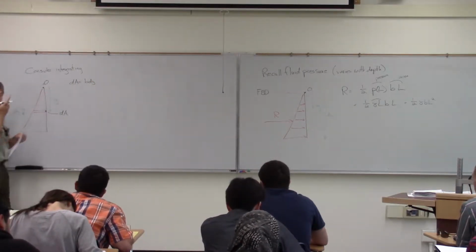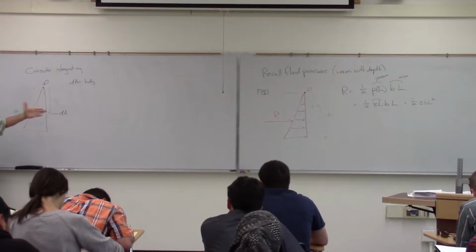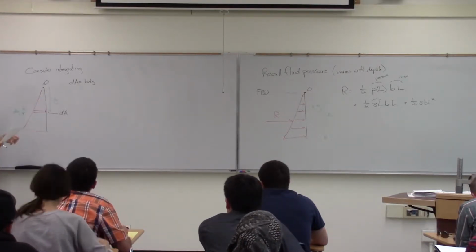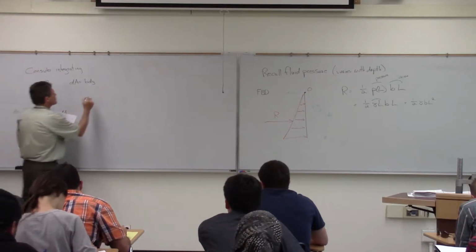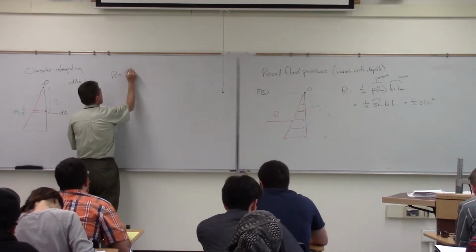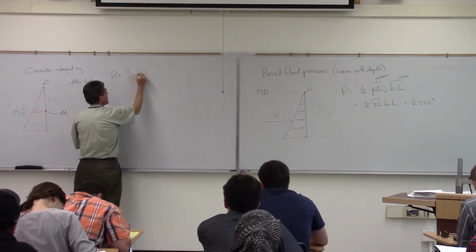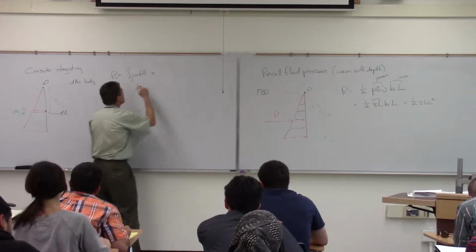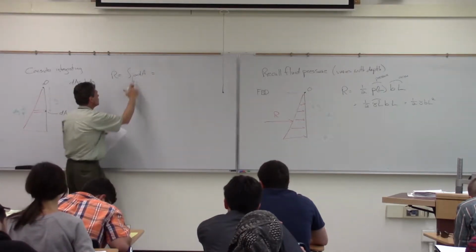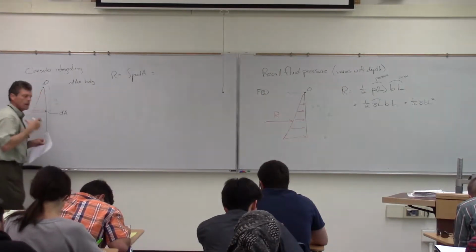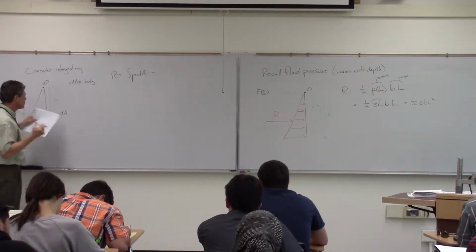Now noting that our dA has got some width to it here, so we've got our b width there, and then it's going to be dy thick. So to write that same expression, that's not rho, that's a p, sorry, is again, we're going to integrate that pressure times the area there.